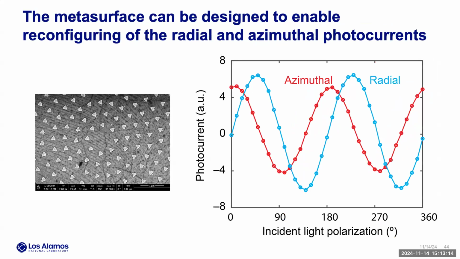And finally, you can design an array like this, where you have a structure that's basically circularly rotating, and this has to be excited by circularly polarized light. By rotating the polarization of the incident light, you can convert from an azimuthal emission in red to a radial emission in blue.